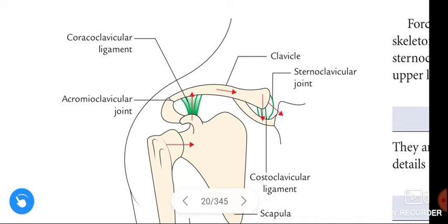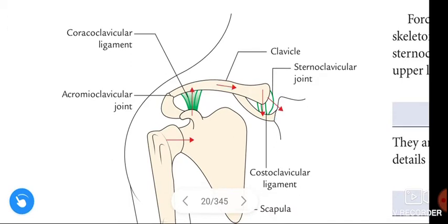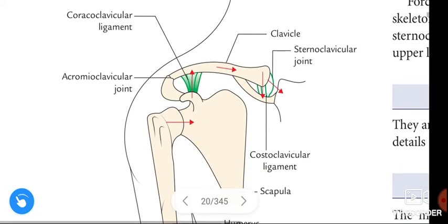From clavicle to sternum, the sternoclavicular joint transmits the weight from the clavicle to sternum. Some weight also transfers from clavicle to first rib through the costoclavicular ligament.